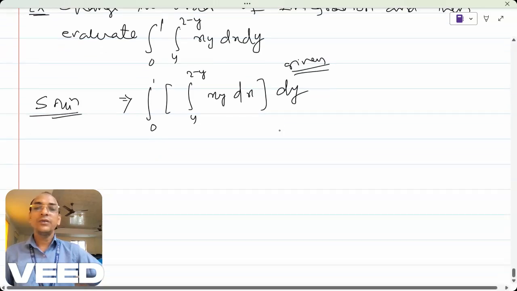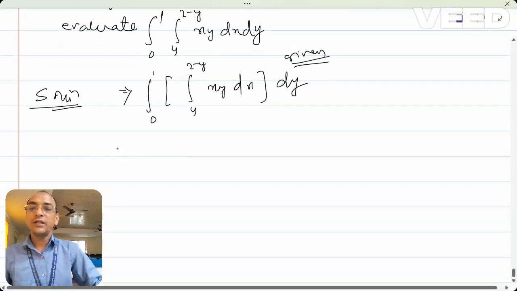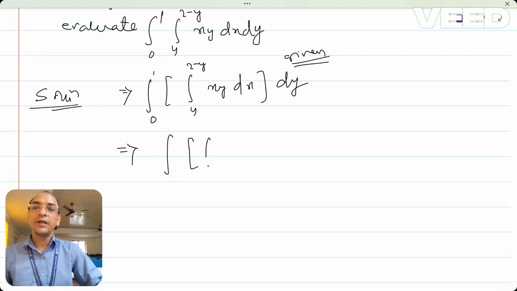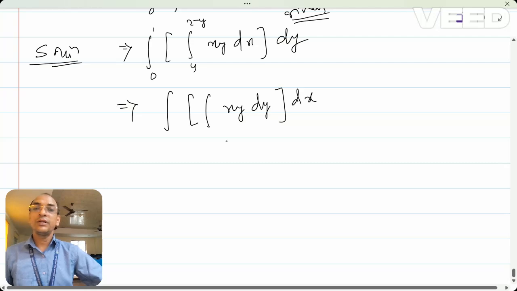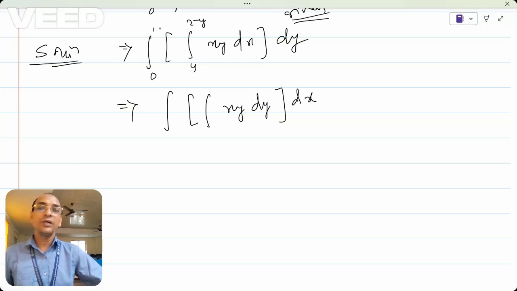Now what we want is to write this in the changed order: integration xy, in place of dx I will put dy, in place of dy I will put dx. I have to find the corresponding limits. For that I will sketch a graph by taking the original limits. In the original form, what are the limits of y? y is 0 and 1.